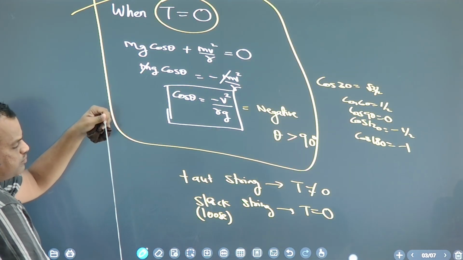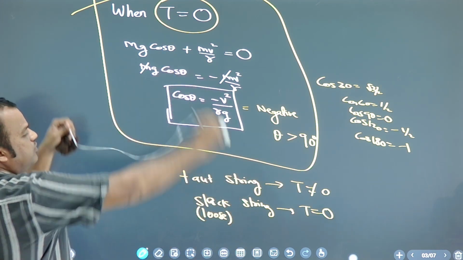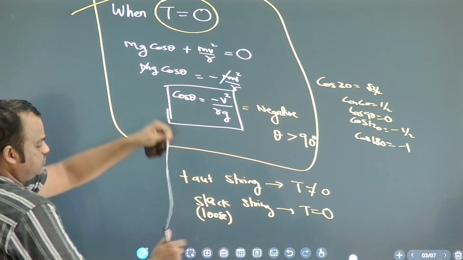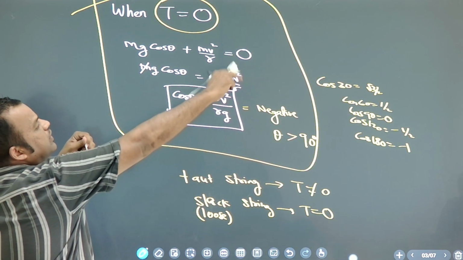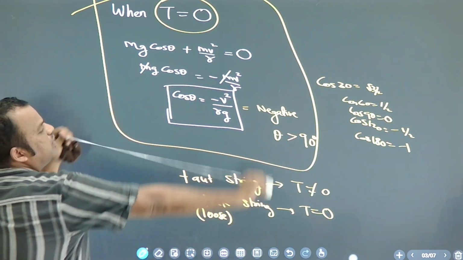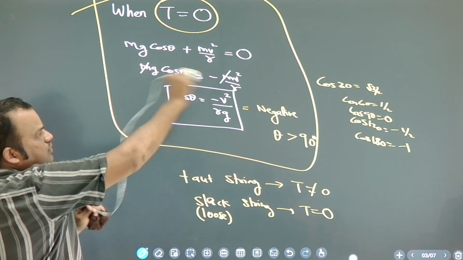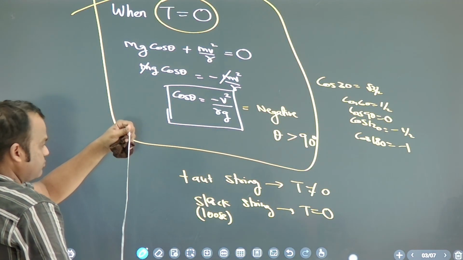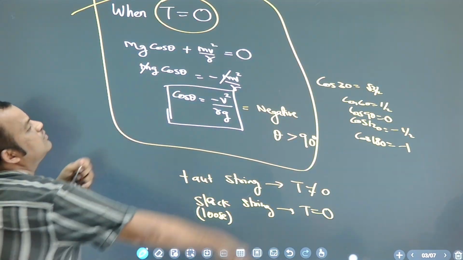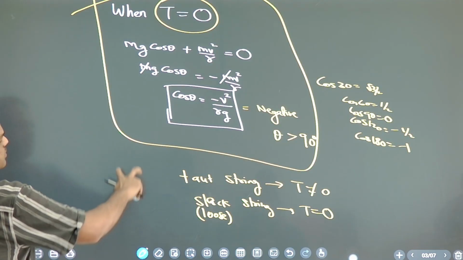So now you observe, it will become slack after this, see how. It is becoming slack here somewhere. Up to here it is taut. After this it is slack. You observe. Its motion is like this.